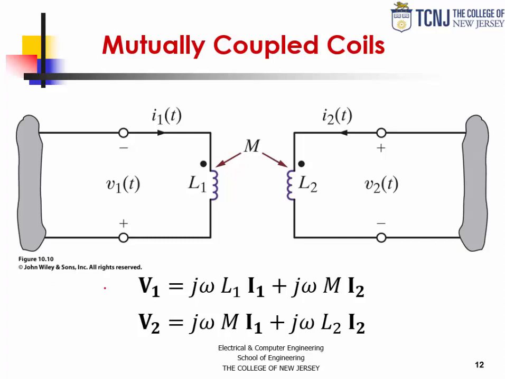So in vector form, we can say that the voltage in the primary is equal to j omega times the inductance of the primary times the current vector in the primary plus j omega times the mutual inductance times the current in the secondary. Similarly, we have that the voltage in the secondary is equal to j omega times the mutual inductance times the current in the primary plus j omega times the inductance in the secondary times the current vector in the secondary.